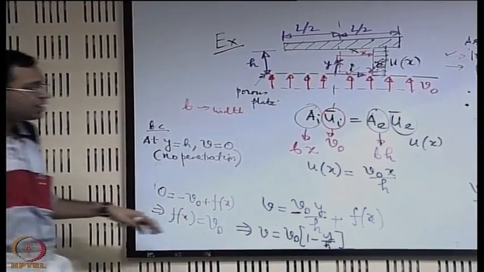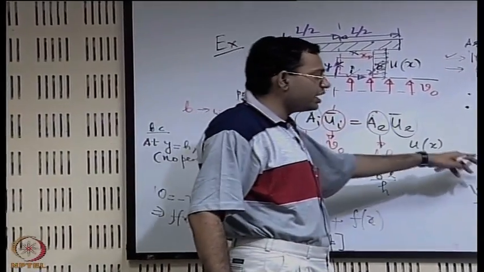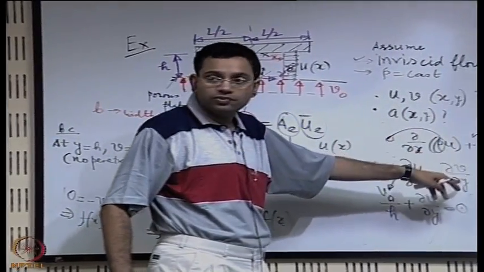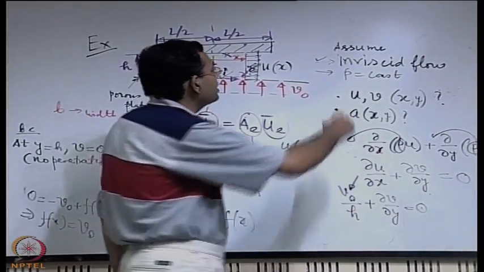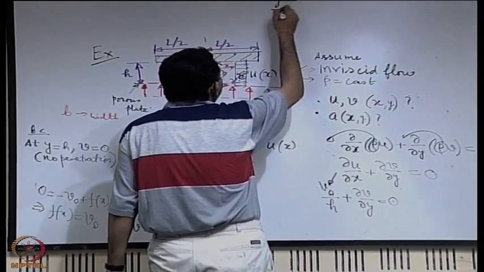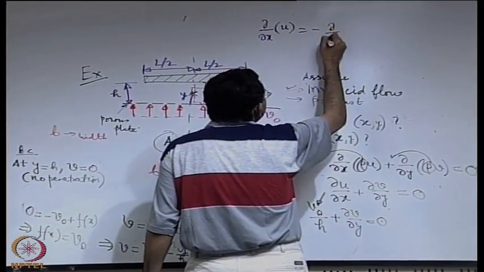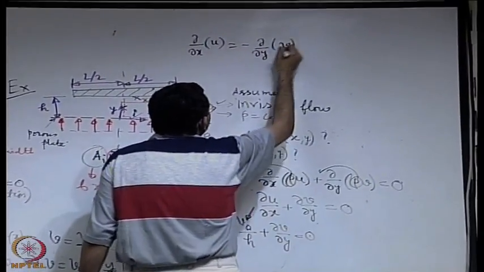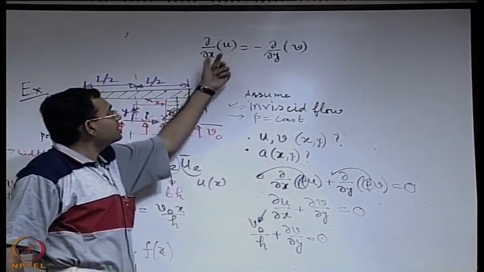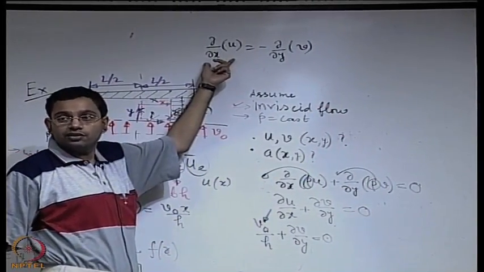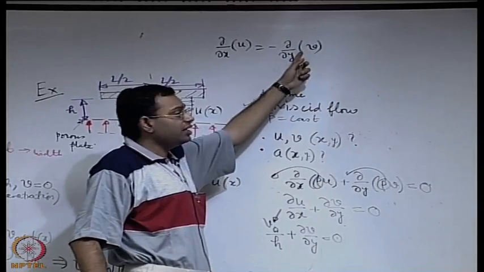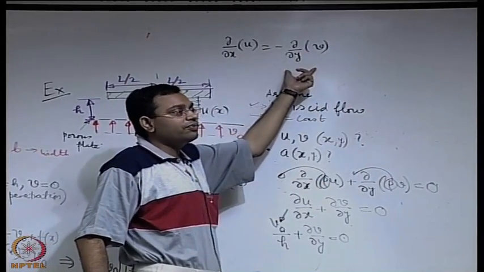So you can see here that u is a function of x, v is a function of y only, and look at this equation, you can do some simple mathematical jugglery with it. The left hand side, u, is a function of x, so this is a function of x only, v is a function of y, so this is expected to be a function of y only.